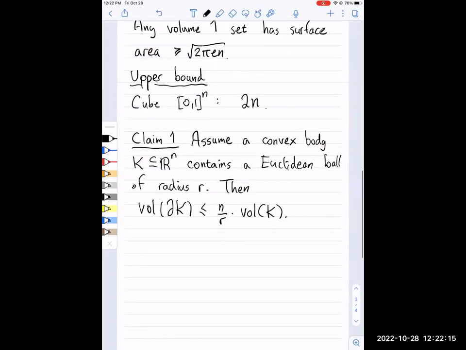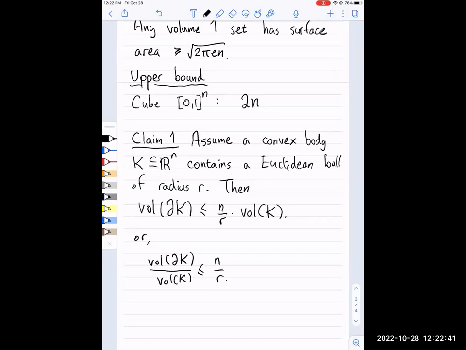Let me write this equivalently, because this will be useful later. I will divide by the volume on both sides and write it in this way. The quantity on the left will show up again later. So let me say a few words about this. This ratio of the surface area to the volume is something that will be very natural in this proof.